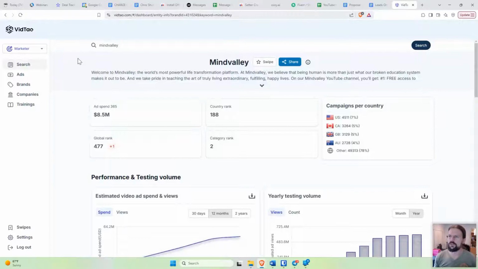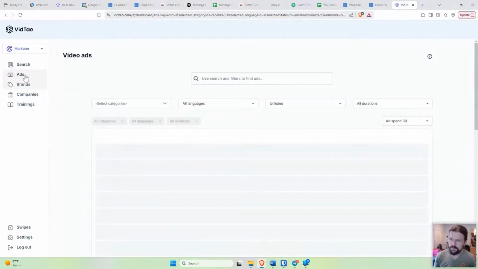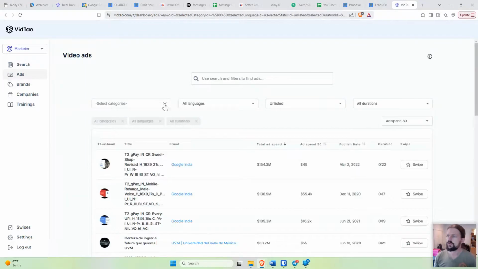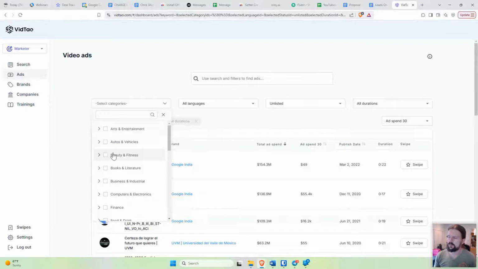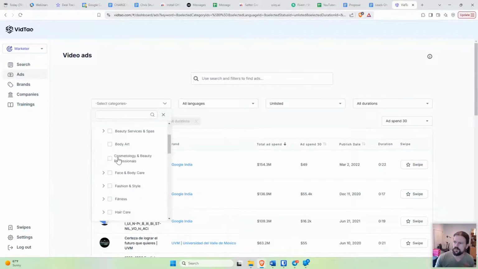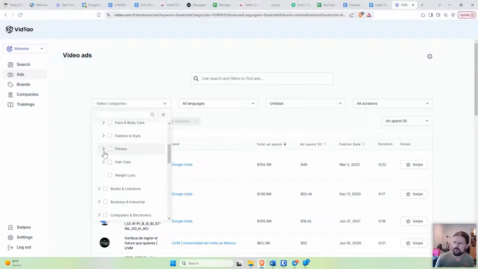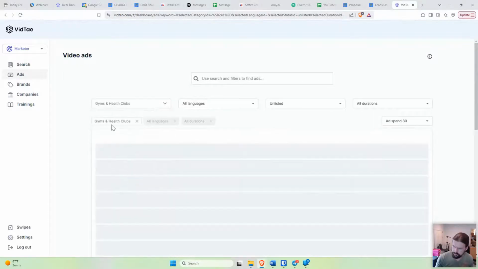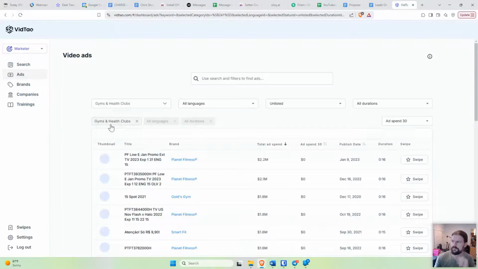If you want to just kind of look around, what you can also do is go into ads, click on ads on the left here, and then you can look at categories and find the category that you're in. So let's say that you're in beauty and fitness and maybe you own a gym. I can go to fitness and gyms and health clubs. I'll click on that.